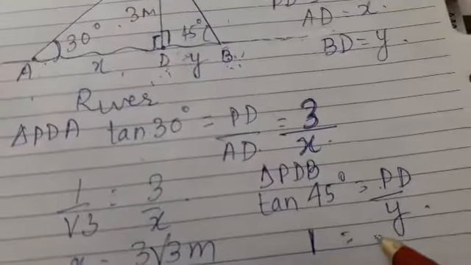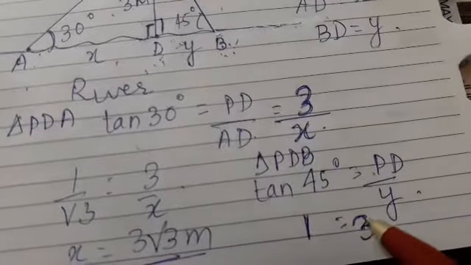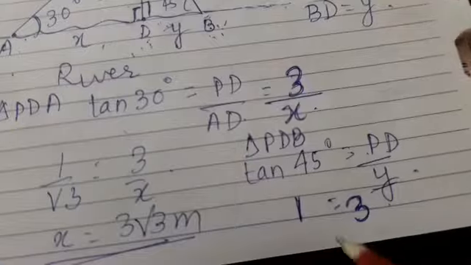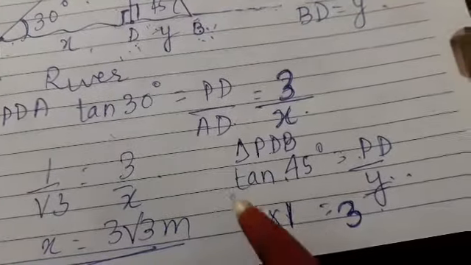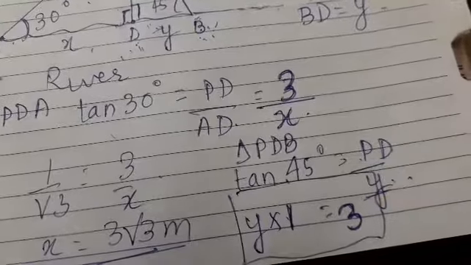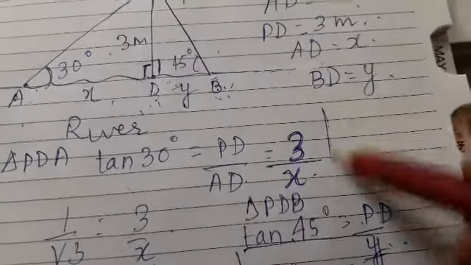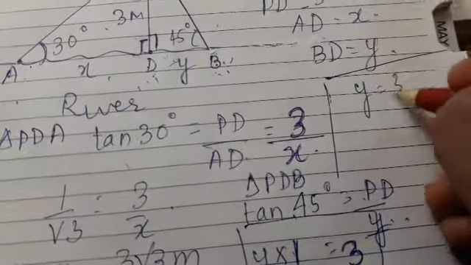What is PD? 3. So 1 is equal to 3 upon Y, which gives Y is equal to 3 meters.